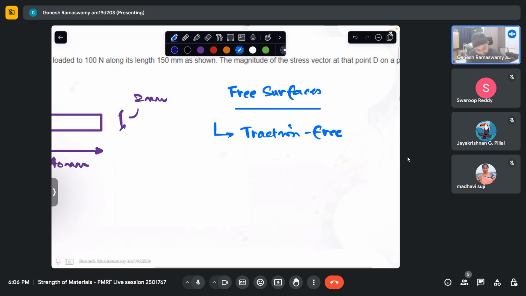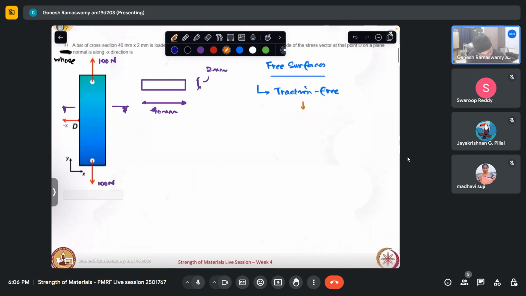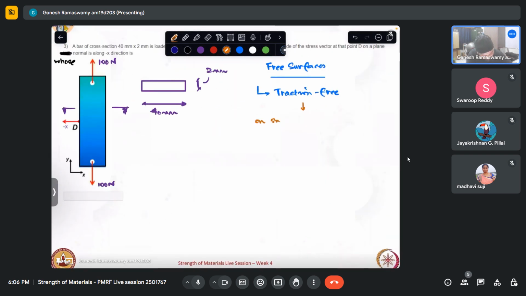So traction free means that on such surfaces the magnitude of the traction vector is zero. It has zero components, and we know that the magnitude of traction is nothing but the square root of the sum of squares of the normal plus the shear stress on that plane.